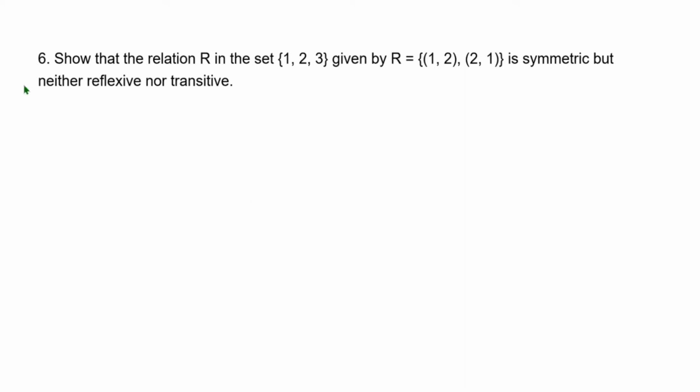The next question: show that the relation R in the set {1, 2, 3} given by R is equal to {(1, 2), (2, 1)} is symmetric but neither reflexive nor transitive.